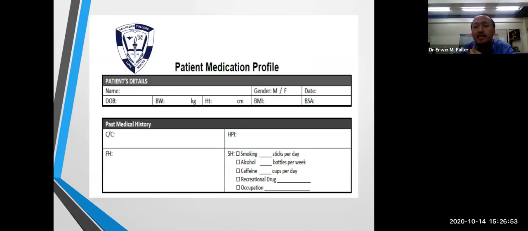Now, we have this amended patient medication profile for us to look at the combination of the past medical history, the past medication history, the present or current medication history, and all the demographics and interventions that we need to do.